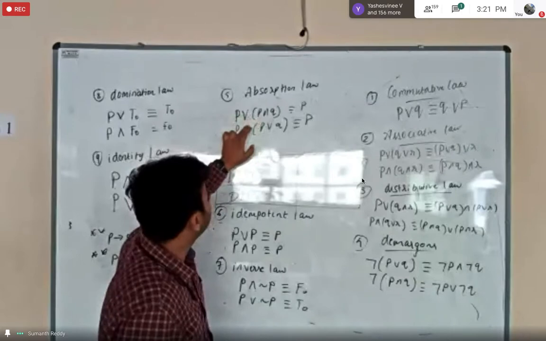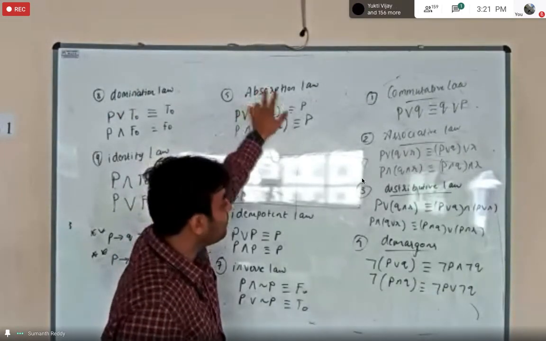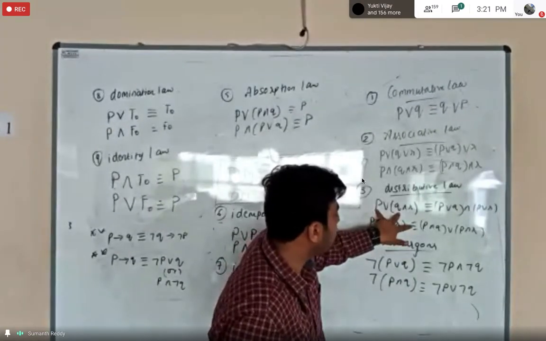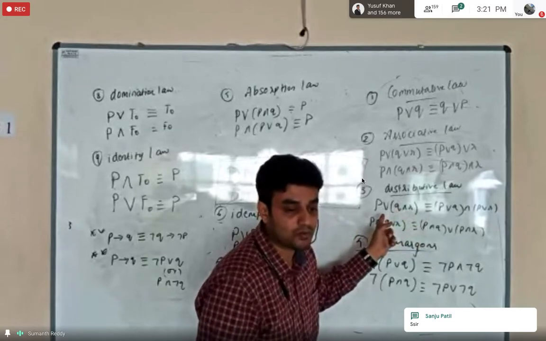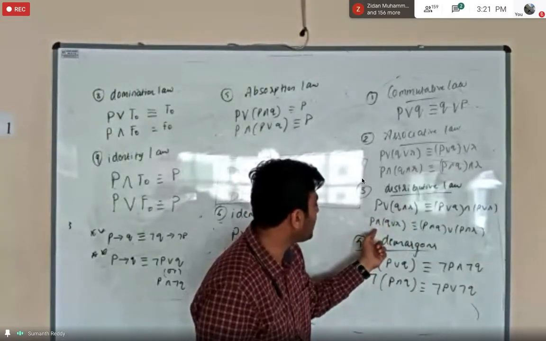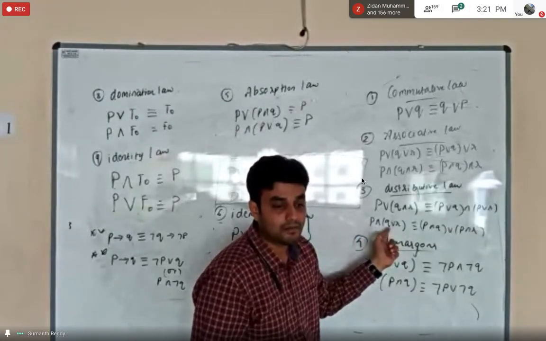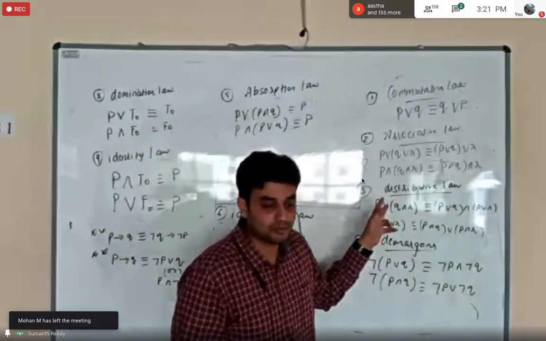When a proposition is repeated and the symbols are different, go with the absorption law. When the propositions are not repeated and the symbols are different, go with the distributive law. For example, P or (Q and R), or P and (Q or R). When the symbols are different and the propositions are different, go with the distributive law.